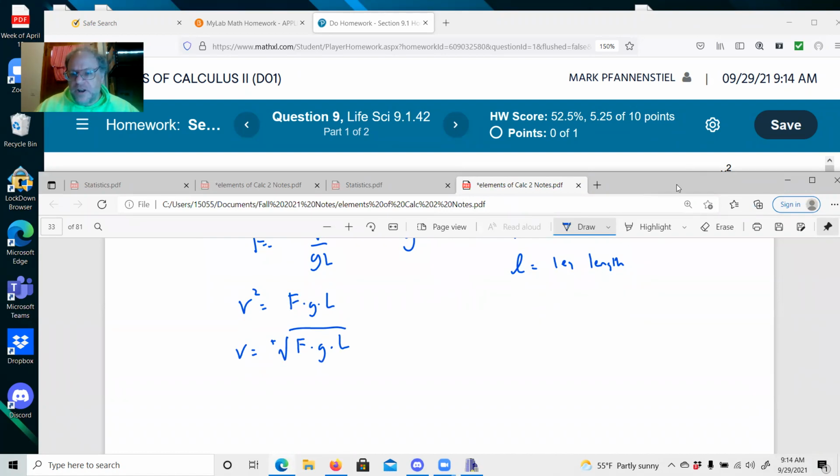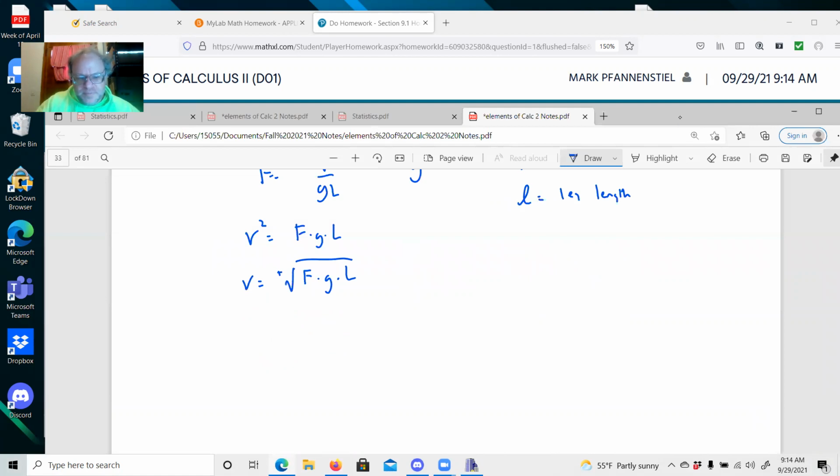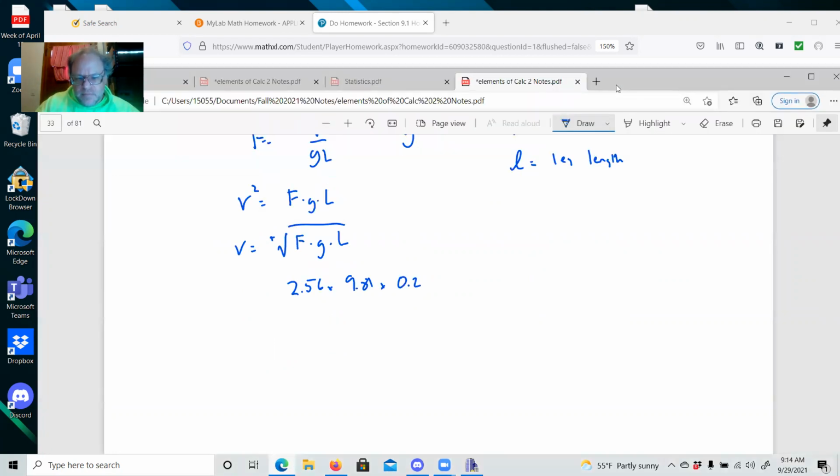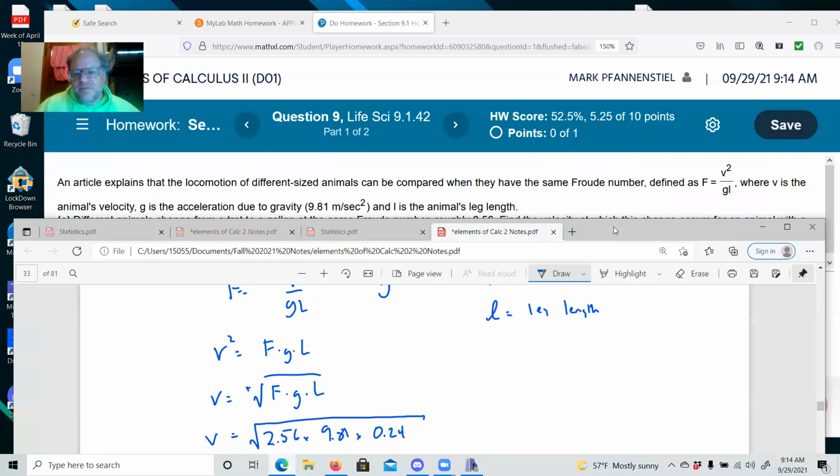All right, and now let's just plug in our values. Okay, so let's see here. We have 2.56 times 9.81 times L, which would be 0.24, square root, and this is equal to our V. Just to tell you, I'm not sure exactly what this Froude number is, but since we have meters per second, the animal's leg is going to be in meters.